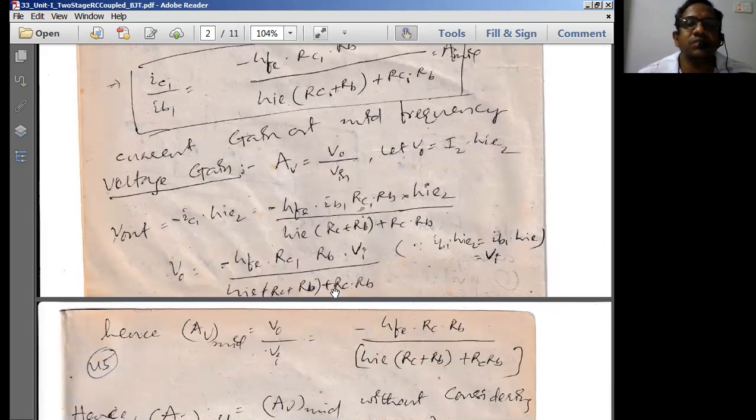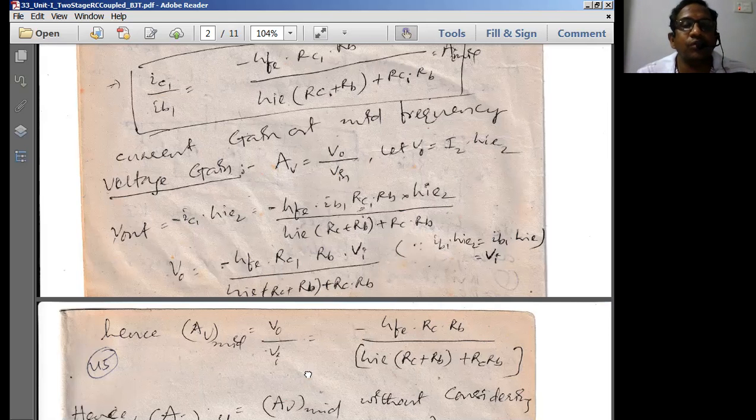At mid-frequency, we can write the voltage gain AV equal to V0 by Vin. We have to find the voltage gain also, because ultimately we have to get into the voltage gain, which is a very popularly used parameter for amplifier performance.